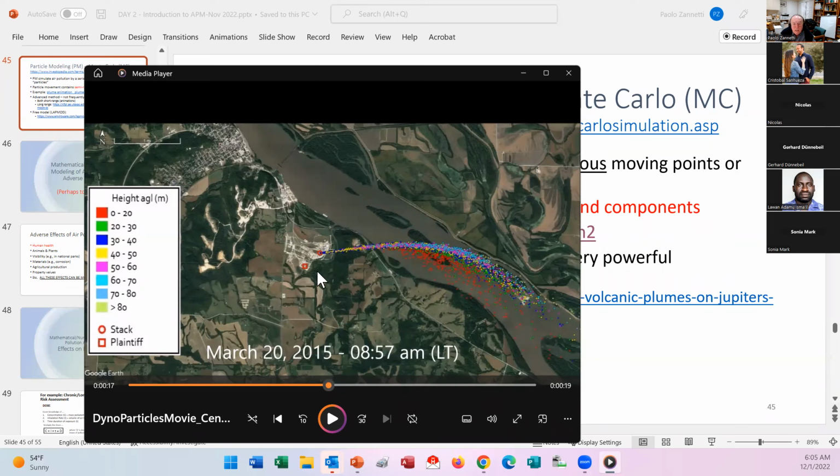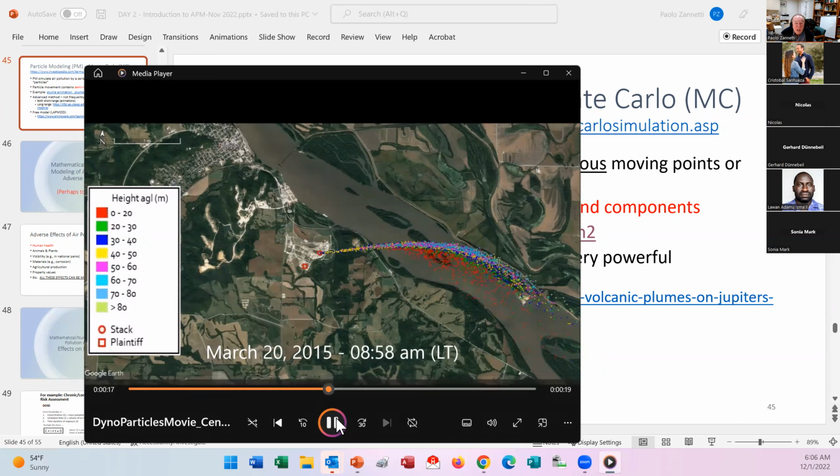But you see, in this particular case, the person complaining about plume impact is here. And I had this problem when I presented these results to the jury. I was asked how confident you are in the results. And my answer was, I'm very confident that there is no impact at the plaintiff's location, here.